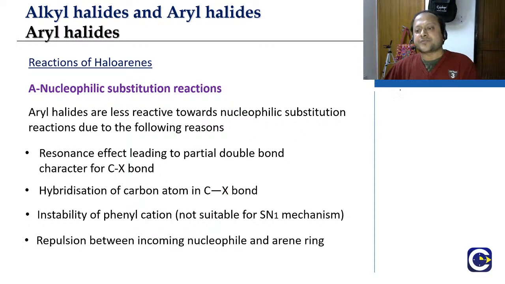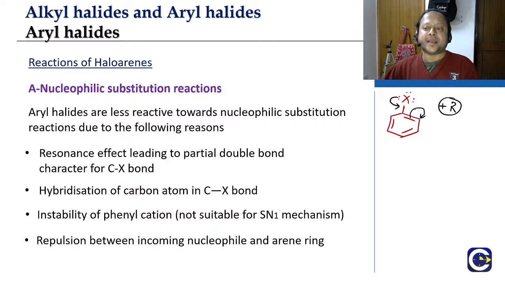In any case, whenever you have a halobenzene, you can easily see that there is this plus R effect taking place, which means you will always get a partial double bond over here.